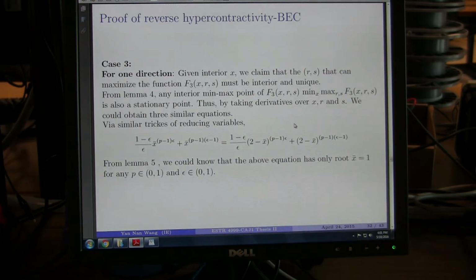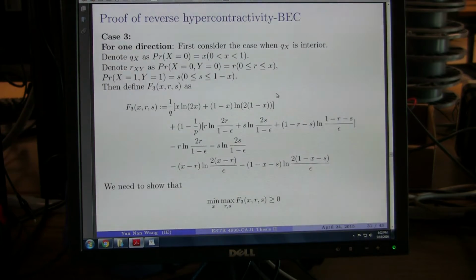From lemma 5, we could know the above equation has only one root, x equals to 1, for any p between 0 and 1 and epsilon between 0 and 1. Of course, in this discussion we take Q to be equal to the correlation bound.